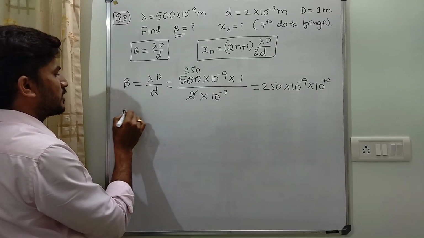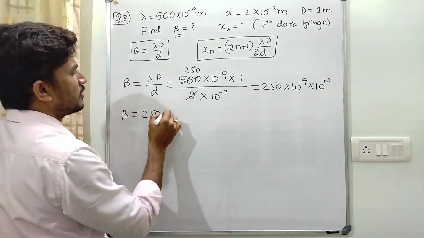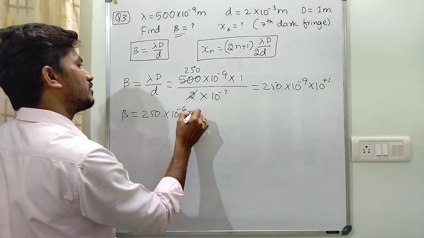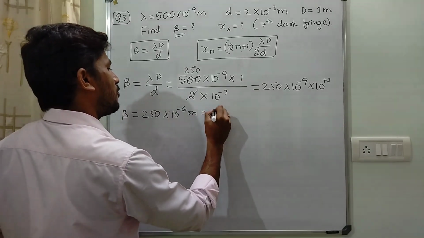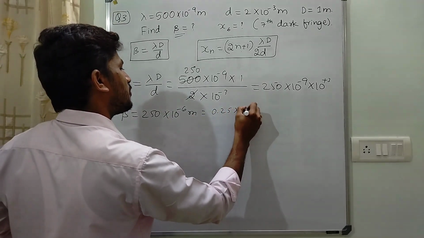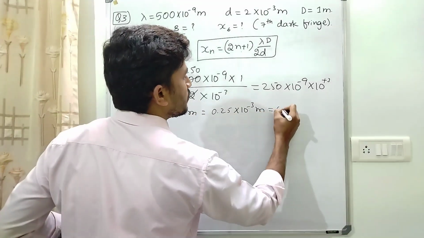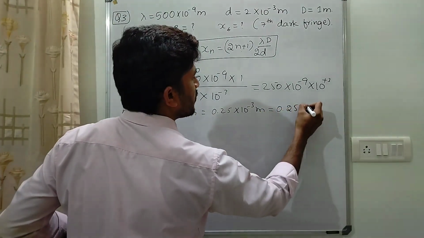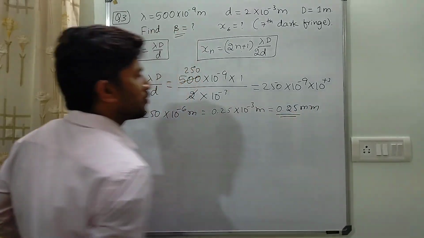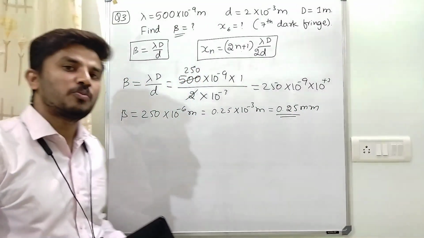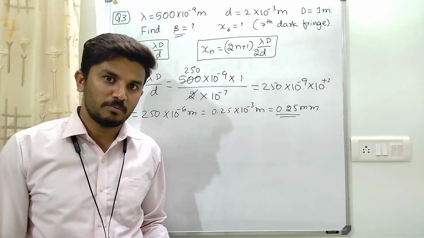Now if we solve this, beta is equal to 250 into 10 to the power minus 6 meters. That is 0.25 into 10 to the power minus 3 meter, or 0.25 millimeter. So beta value you will get as 0.25 millimeter.